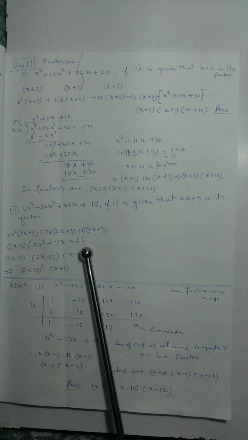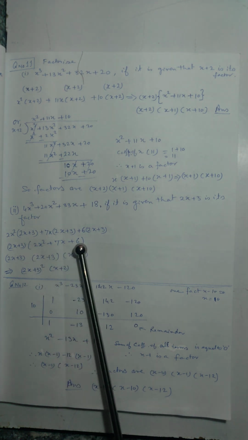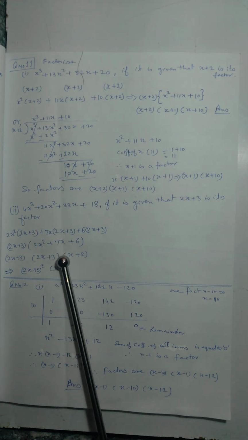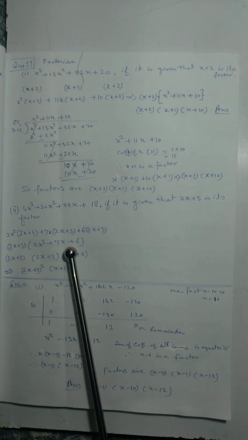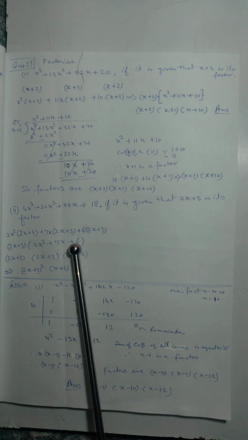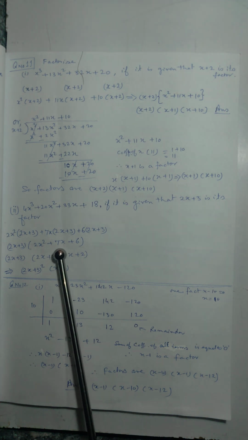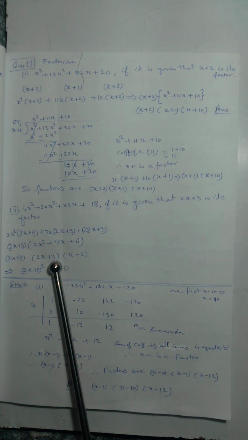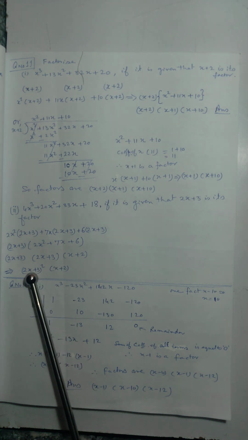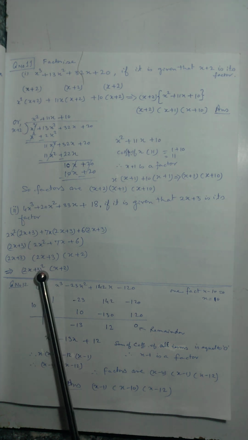Now factorize it. You see, 2 into 6 is 12. Now we have to split this 7x in such a way that its product should be equal to 12, and on adding it, it should be 7. So what I have done here, I have taken it and factorized it.